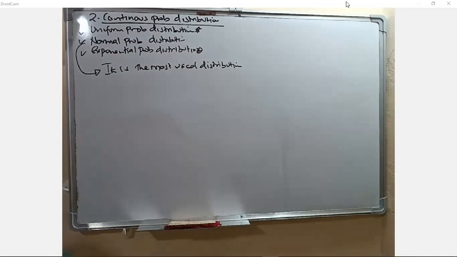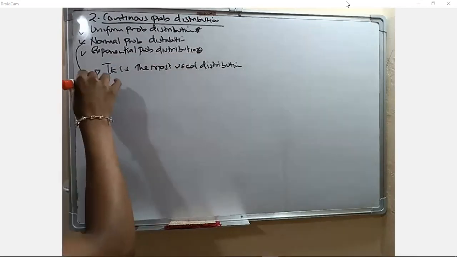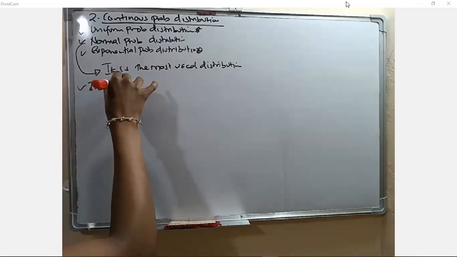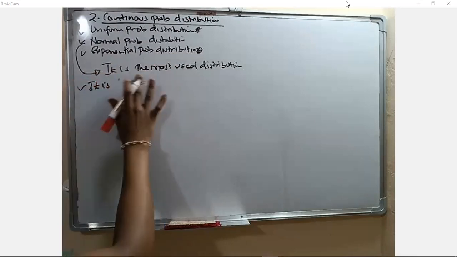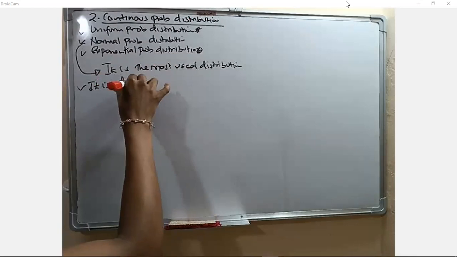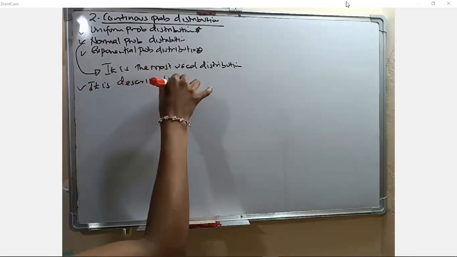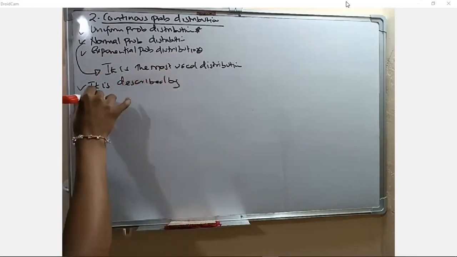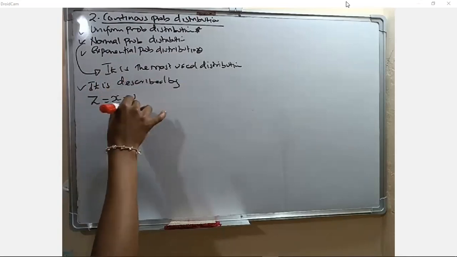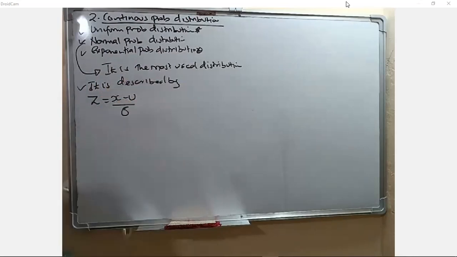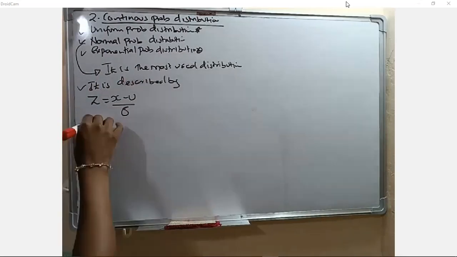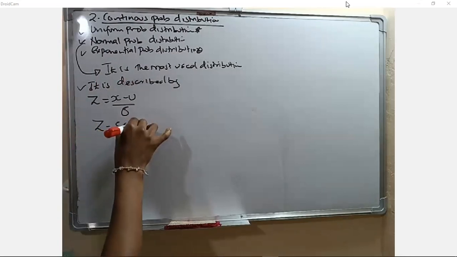It is basically described by the z-score, which is x minus mu, you divide by the standard deviation. You know very well this is the z-score from the table.